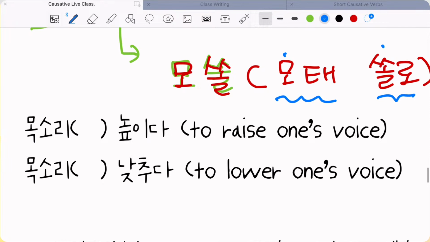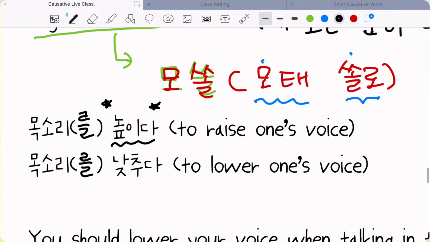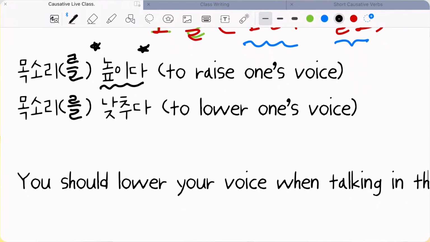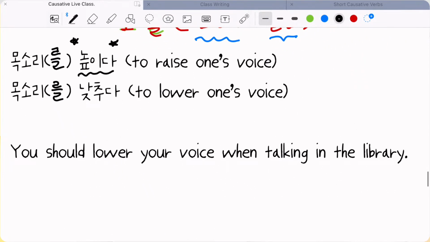So if you want to say to raise your voice, you can use 높이다, this causative verb. So it would be 목소리를 높이다, right? Since you're using a causative verb to raise one's voice, and 목소리를 낮추다 would mean to lower your voice, to speak in a low voice. 그러면 I brought another sentence for you guys to practice translating.